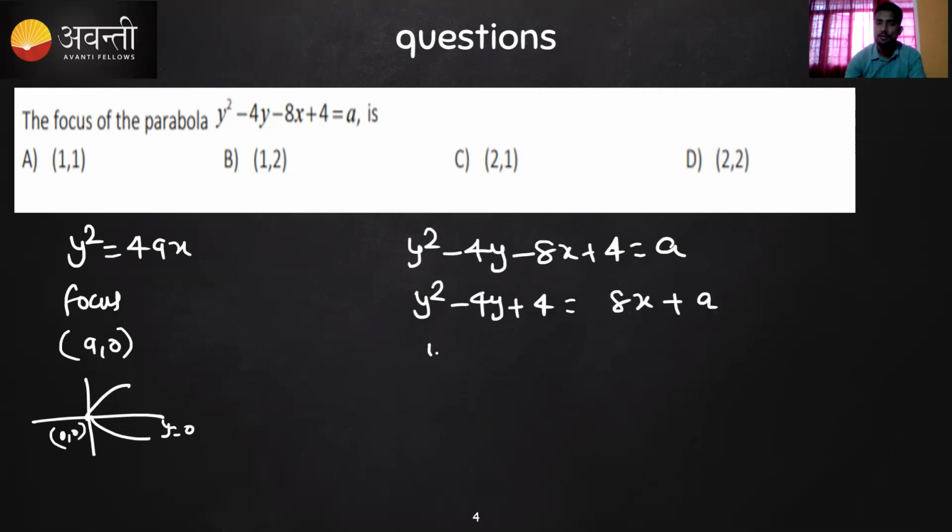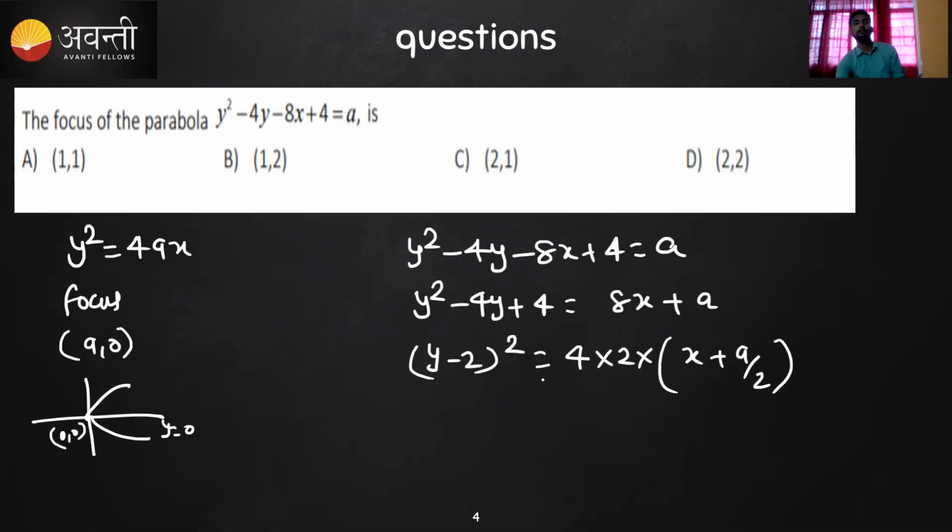So from here, this will be y minus 2 whole square is equal to 8 times, taking 4 out as common, x plus a by 2. Why have we done this? Because we have to make it similar to y square is equal to 4x. Now we have got this. But here it is y minus 2, and here it is x plus a by 2.